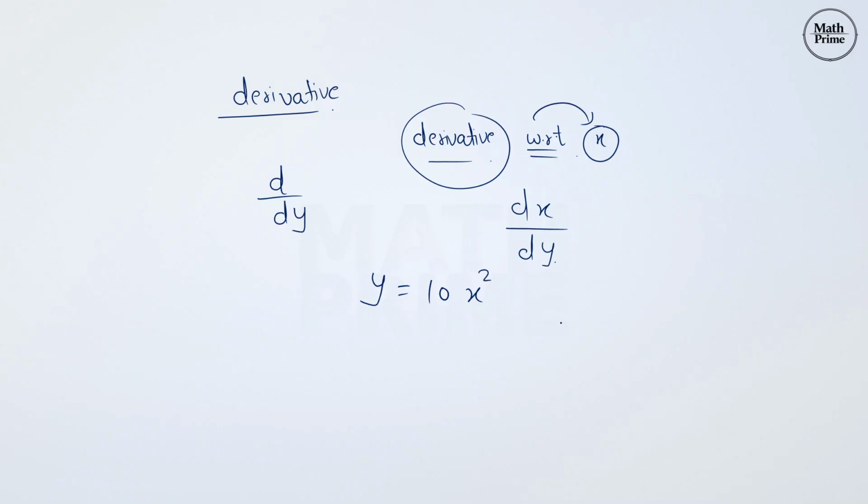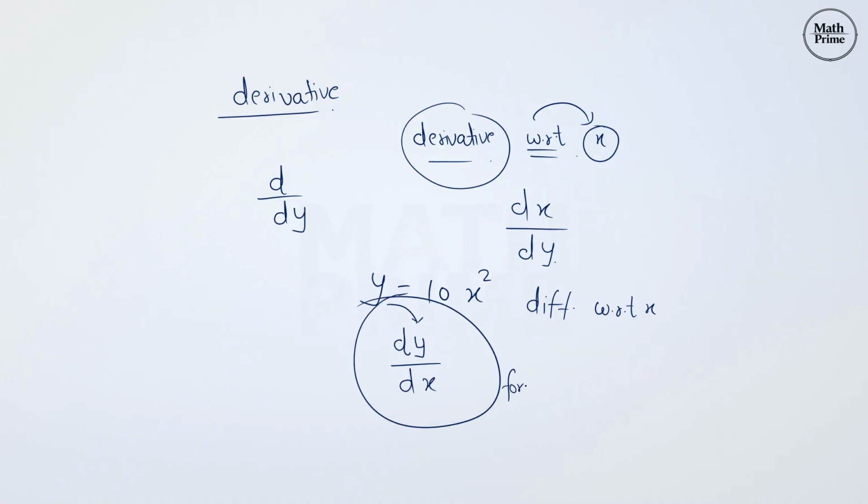Then differentiate, a derivative with respect to x, means we have to find the derivative of y with respect to x. This is the format, and it is written as differentiation of y with respect to x.